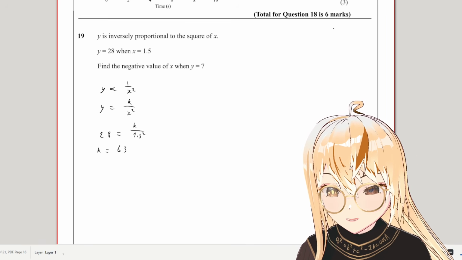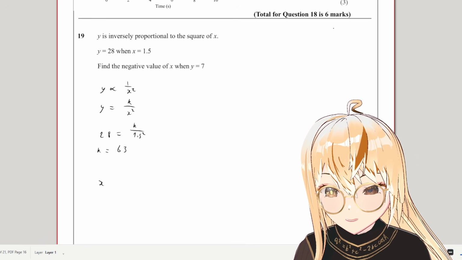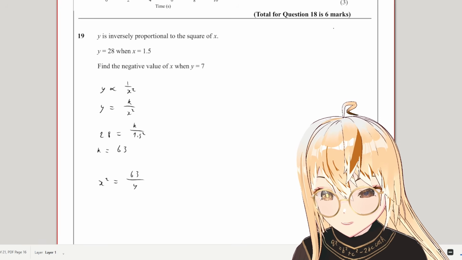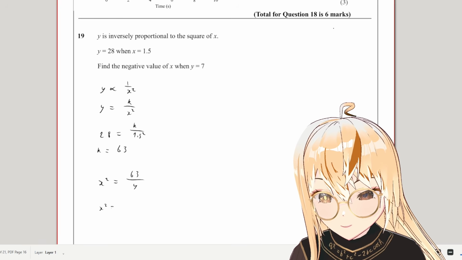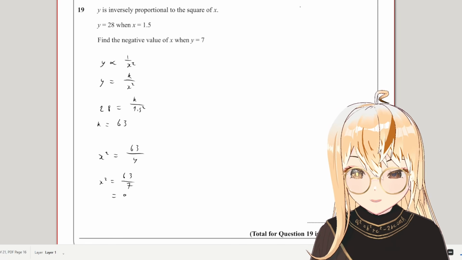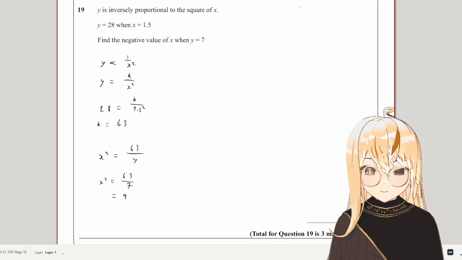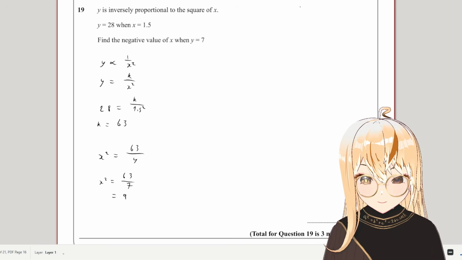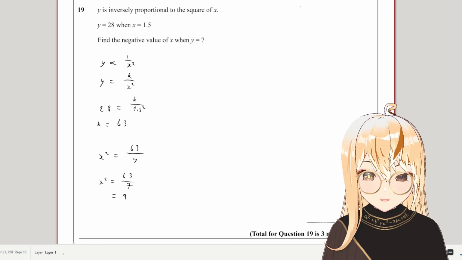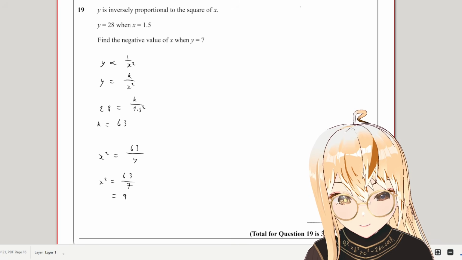Let's just rearrange for x squared, I guess, which would be 63 over y. So x squared equals 63 over 7, which is 9. Well, rooting 9 would usually give just 3 because square root is always positive, but it's asking us to find the negative value specifically, which would be minus 3.